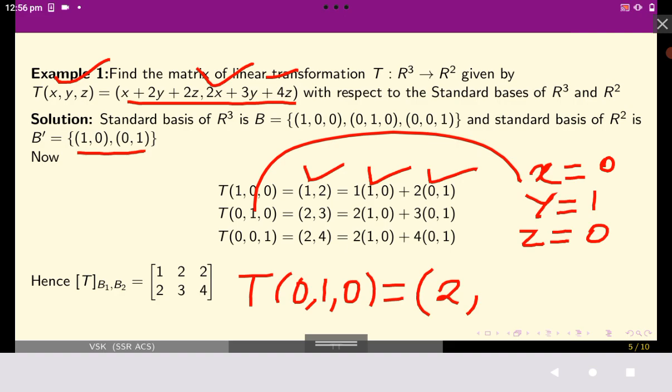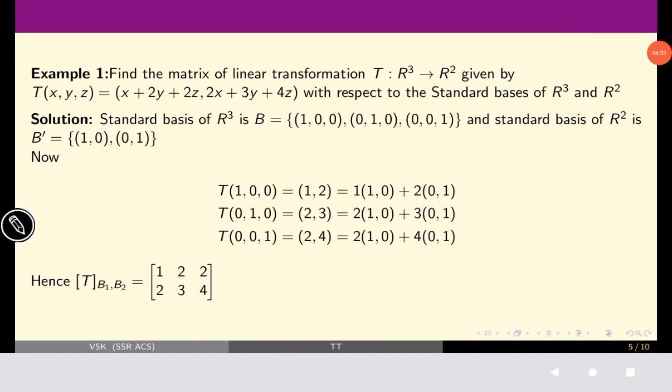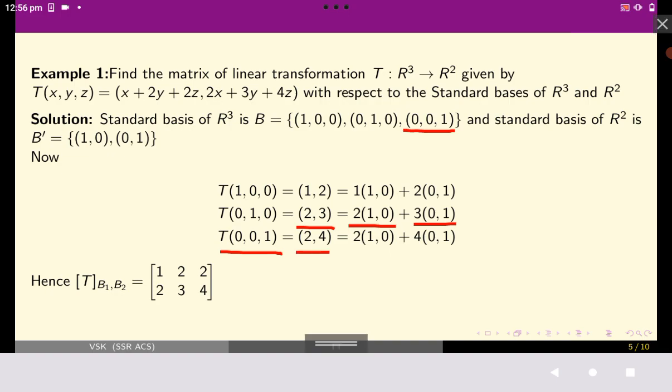So we'll get (2,3). And when we get (2,3), it can be simply written as 2 into (1,0) plus 3 into (0,1). Similarly, for this third vector, we will find its image, that will be (2,4), and that will be written as 2 into (1,0) and 4 into (0,1).